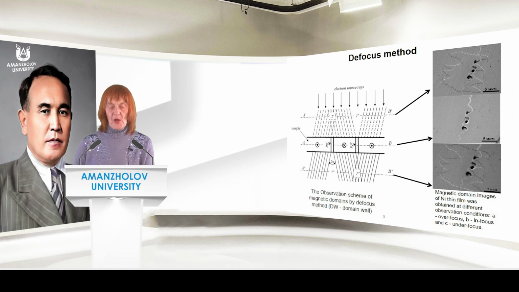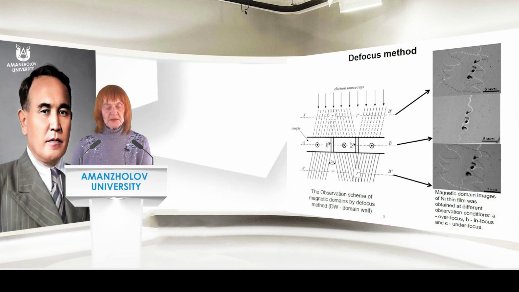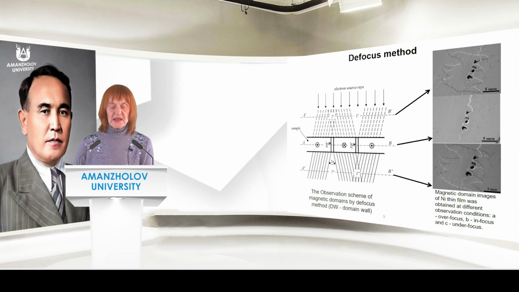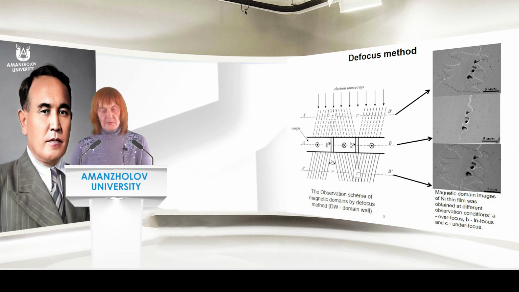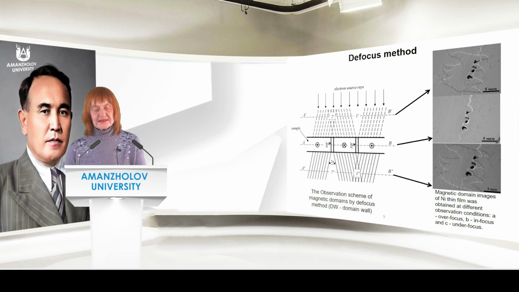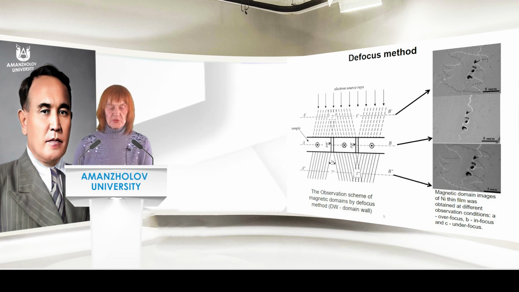The contrast is alternating light and dark bands on the magnetic domain boundaries, so-called domain walls. Domain wall contrast disappears at in-focus condition, AB plane. It should be noted that the width of the domain wall image depends not only on the focus distance, but also on the film thickness and the magnetization distribution within the domain wall.